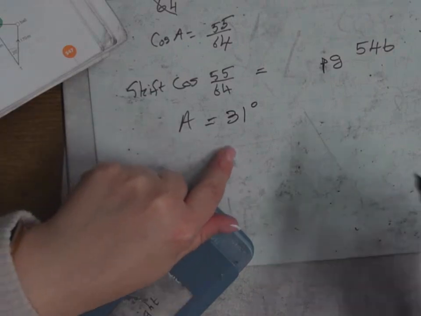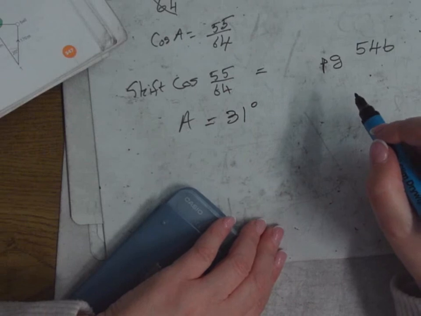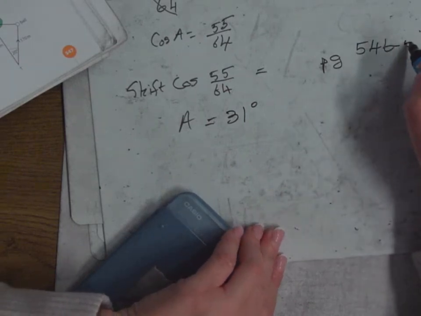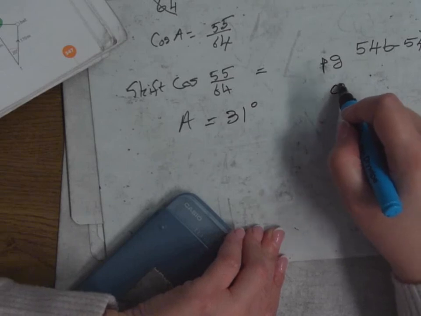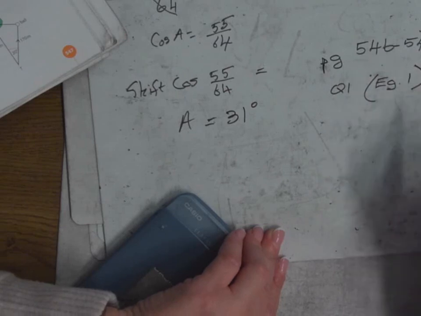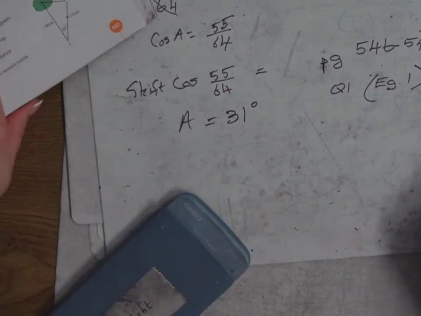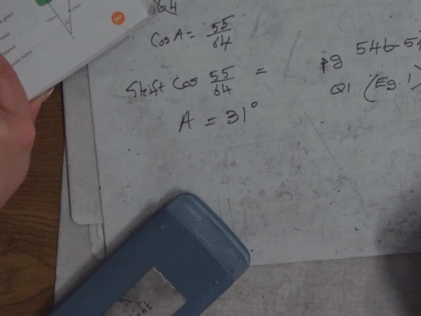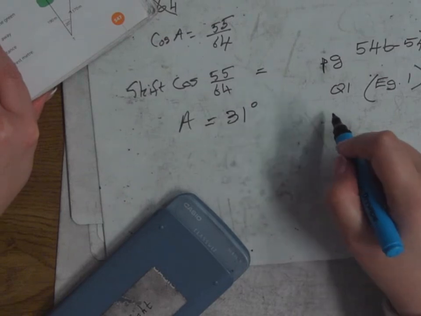We're going to do all of question 1, which is the exact same as example 1. And then we're going to do all of question 3, which is the exact same as example 2.